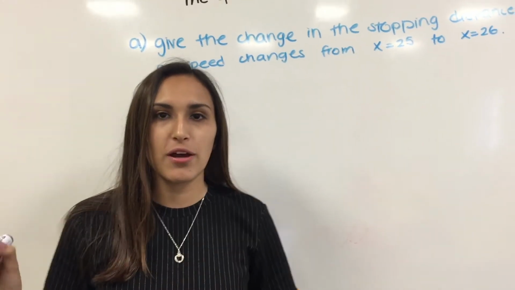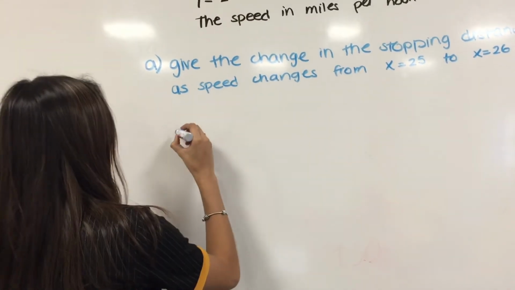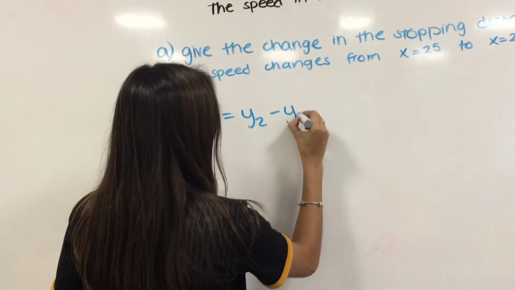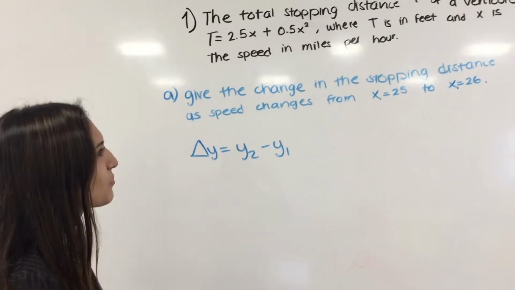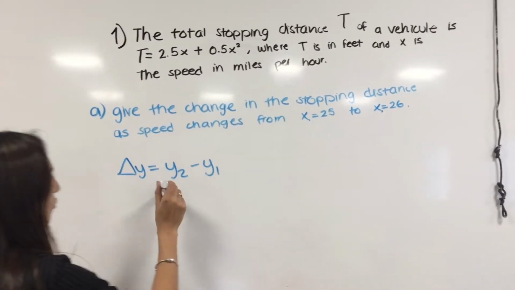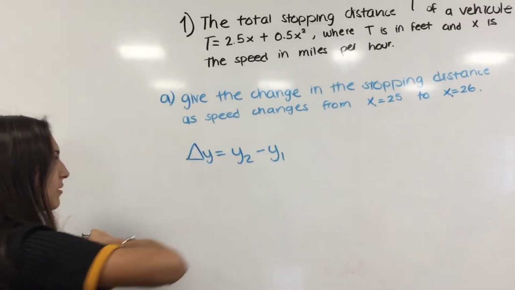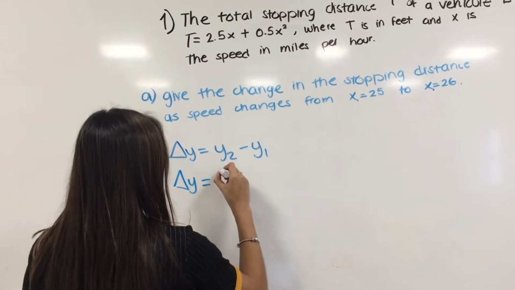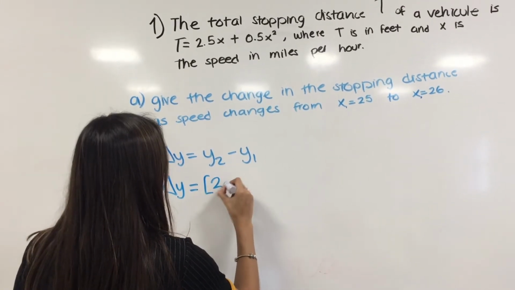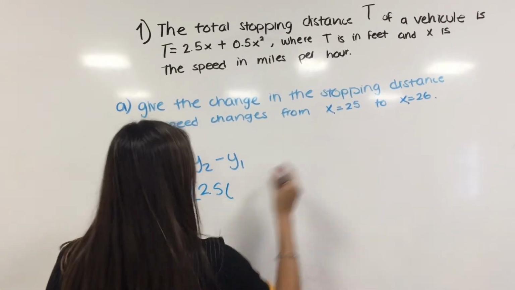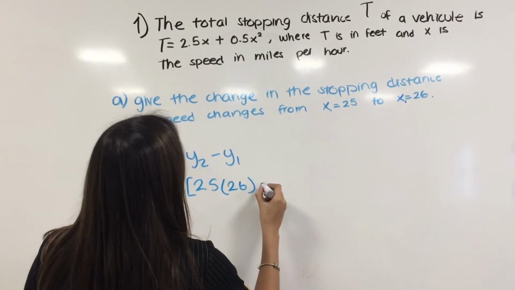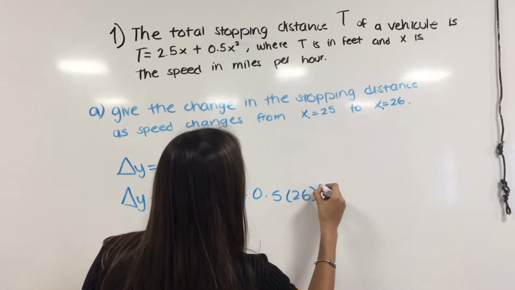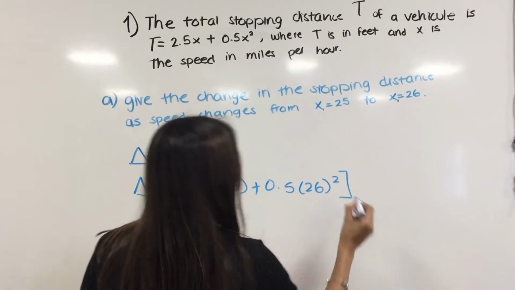You copy your formula of increment in y, which is increment in y is equals to y2 minus y1. First, you plug in your x2 into your y2 with the equation that the problem gives to you. So increment in y is equal to 2.5 times your x2, which is 26, plus 0.5 times 26 squared.